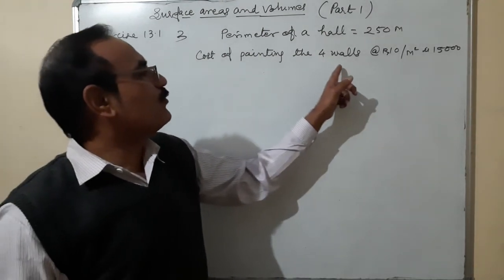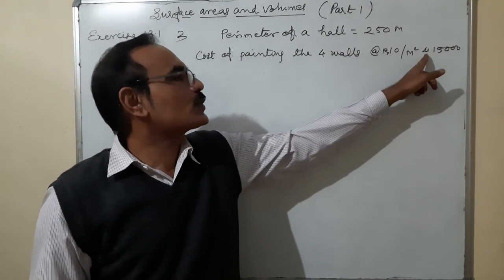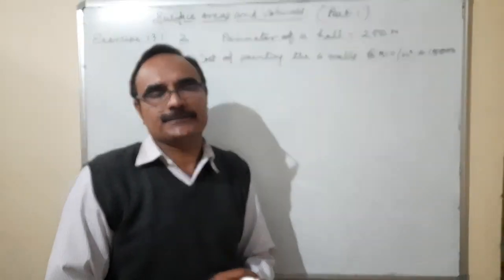Cost of painting the four walls at rupees 10 per meter square is rupees 15,000.